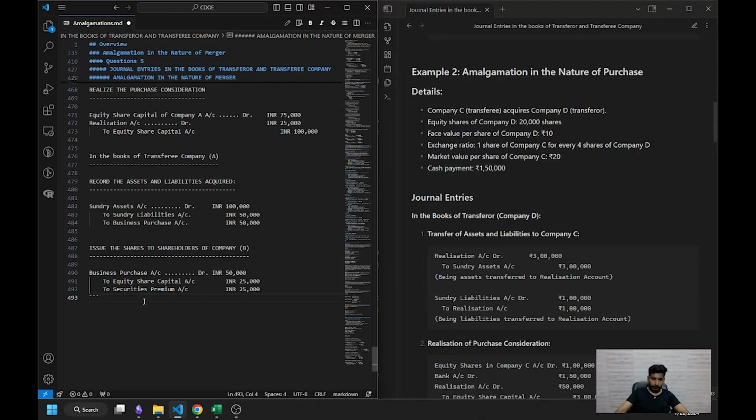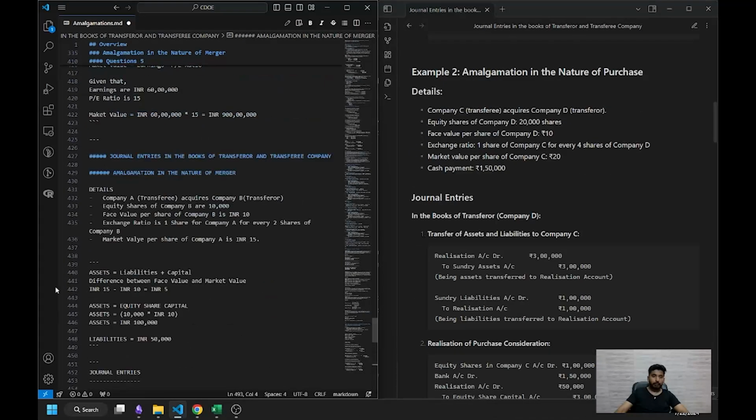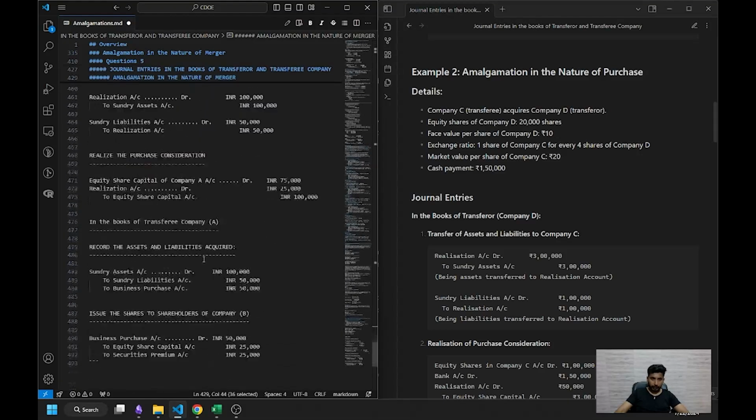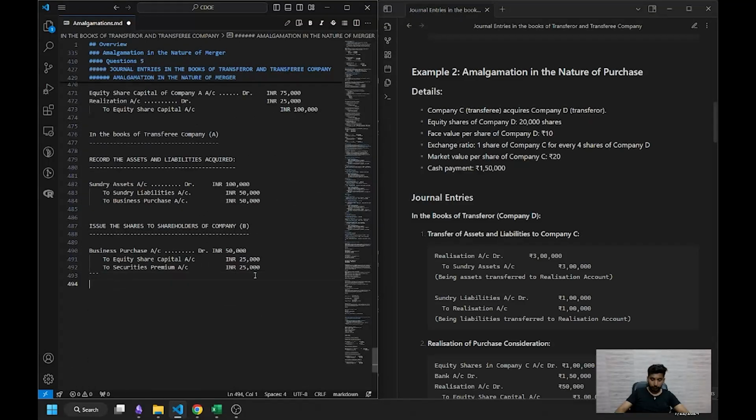So this was the example when we are doing the amalgamation in the nature of merger. Now, let us take an example of amalgamation in the nature of purchase.